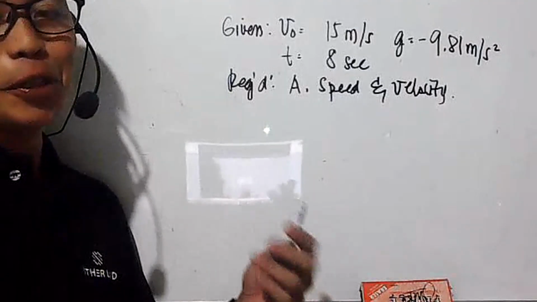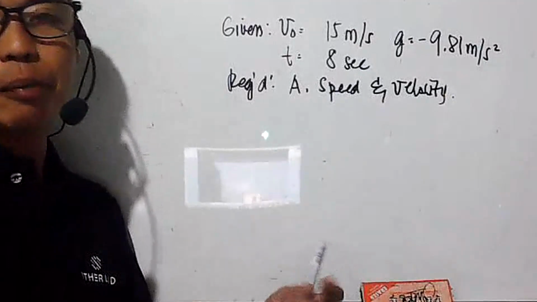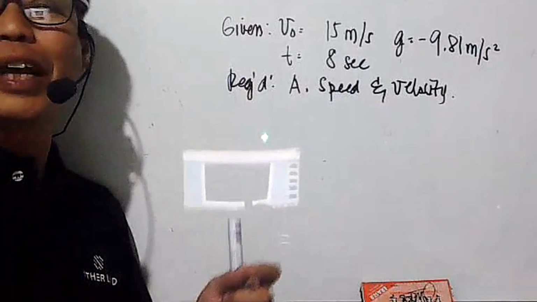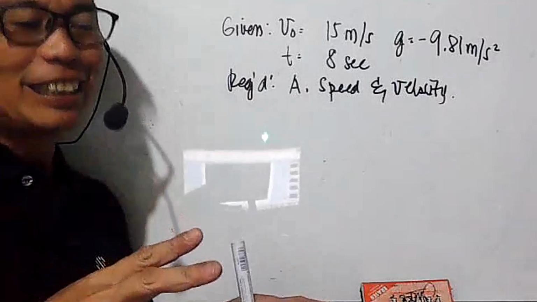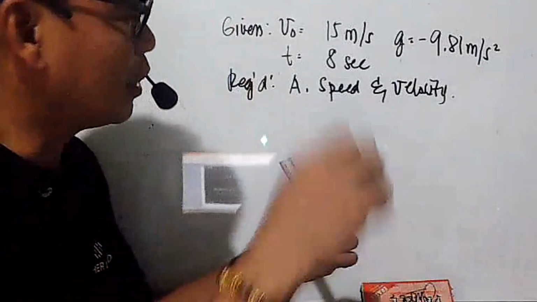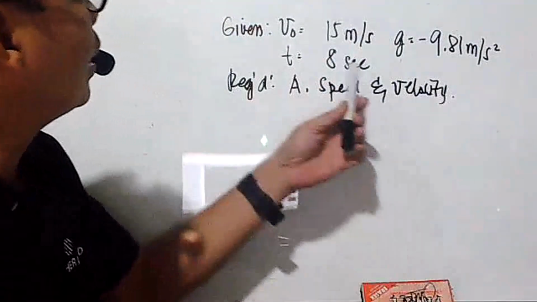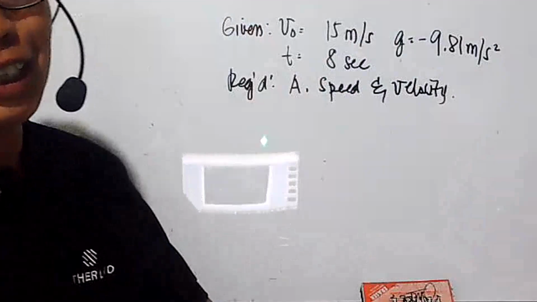Before, binitawan mo lang yung bola, kaya zero, kasi hindi naman siya gumagalaw. Wala siyang force before. Nung hinagis, meron na siyang force na 15 meters per second, meron na siyang bilis. At the given time of 8 seconds, ano daw ang speed niya and yung velocity niya.